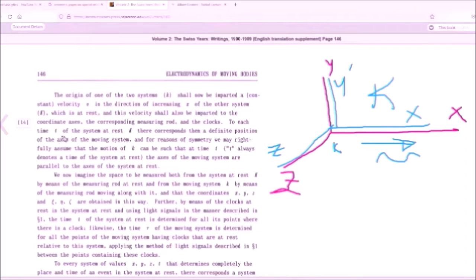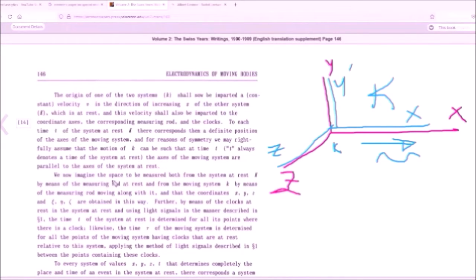To each time t of the system at rest capital K, there corresponds then a definite position of the axis of the moving system. And for reasons of symmetry, we may rightfully assume that the motion of small k can be such that the time t always denotes a time of the system at rest, and the axes of the moving system are parallel to the axis of the system at rest.